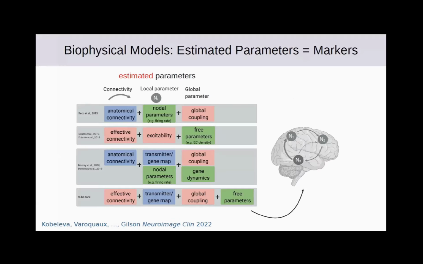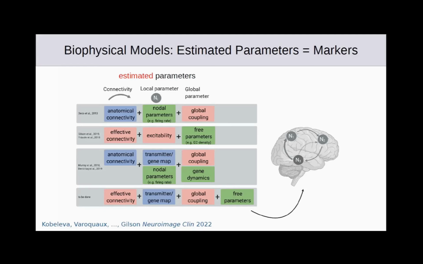So that's also something that we want to do. And just a note to sum up about the kind of model and how to use them for markers. In the model that I showed, we've got this effective connectivity, which is a large set of parameters, thousands, that we use for prediction.